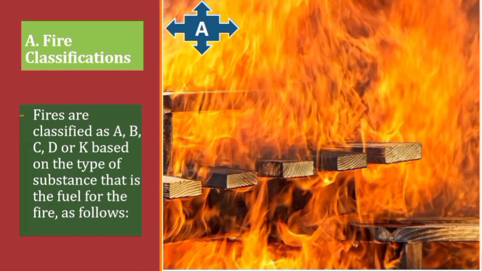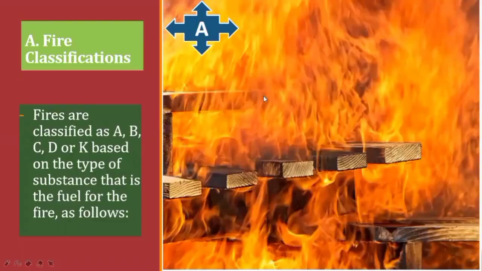So it includes furniture or fixtures and also fittings. It could even be the structure of the building. So those are only examples of Class A. These are solid objects or materials.